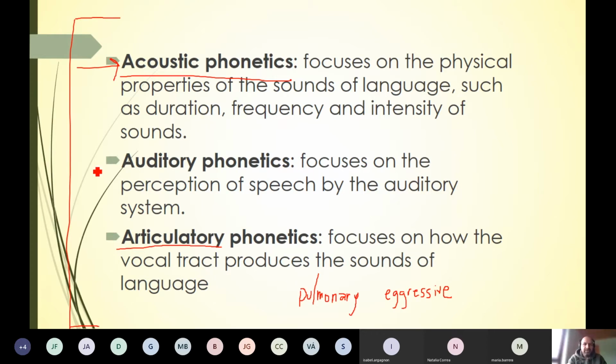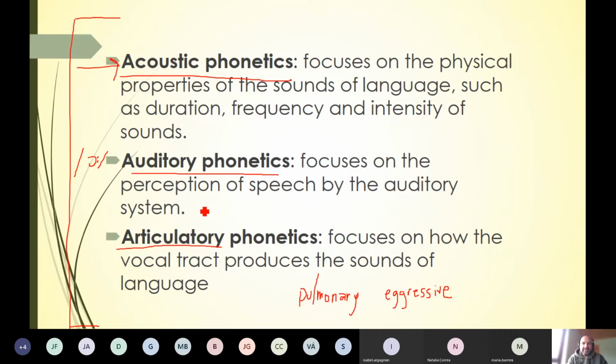That's what auditory phonetics deals with: how we perceive the sounds through the auditory system. And that is something that is dealt with not only by the auditory phonetics field, but also by other disciplines.